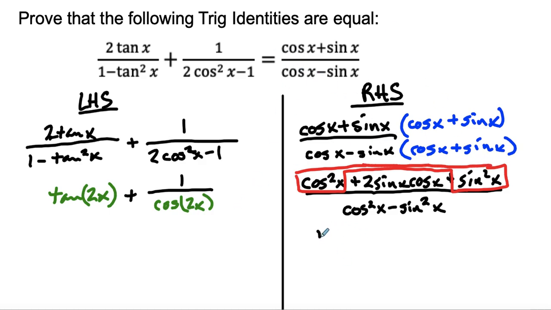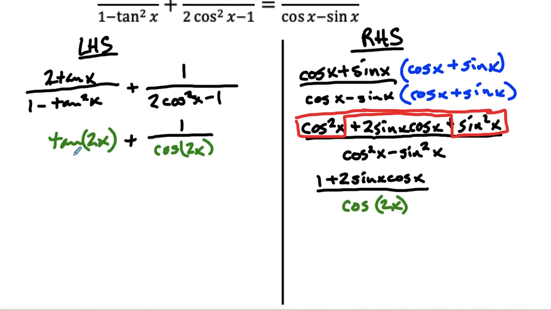So let's rewrite this with a little more done here. So we got 2 sine x cosine x over, as we were saying, cosine of 2x, the double angle identity. Now I look at the left-hand side and I'm like, okay, well, I got cosine of 2x in half of it, but I need it over here. Well, remember, tangent of x is the same as sine of 2x over cosine 2x.